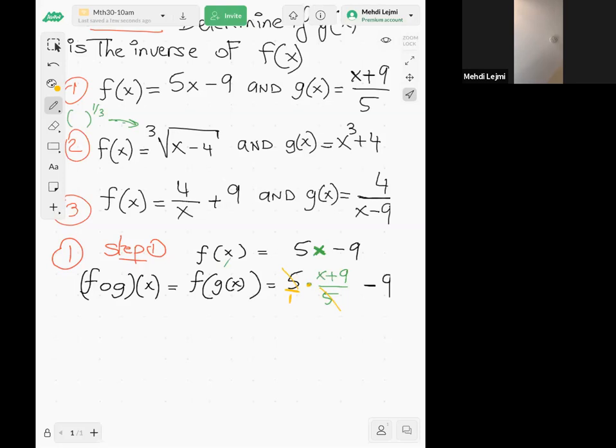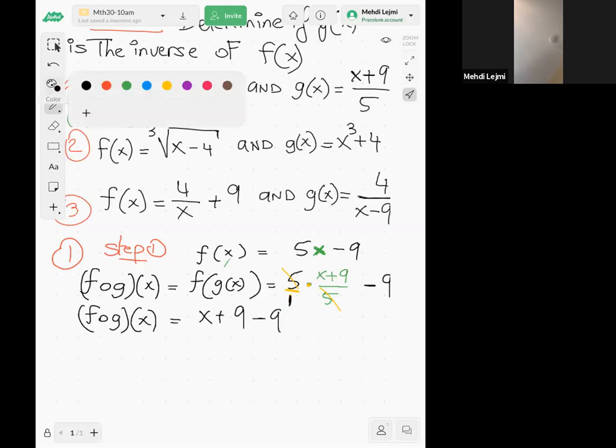Then f composed with g of x is going to be, we are left with 1 in the bottom, so it's x plus 9 over 1, which is x plus 9. And then there's minus 9, right? So this 9 cancels out, so it's going to be x. Okay, which is good news, right? So then you can move to the next step.